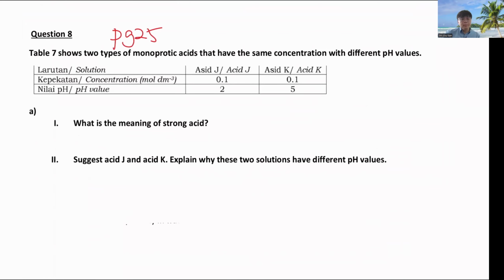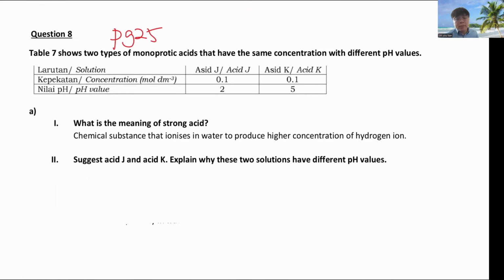This is a quick one. Page 25. First, go through a bit. So what is a strong acid? It's a chemical substance that ionizes completely in water to produce a high concentration of hydrogen ions.